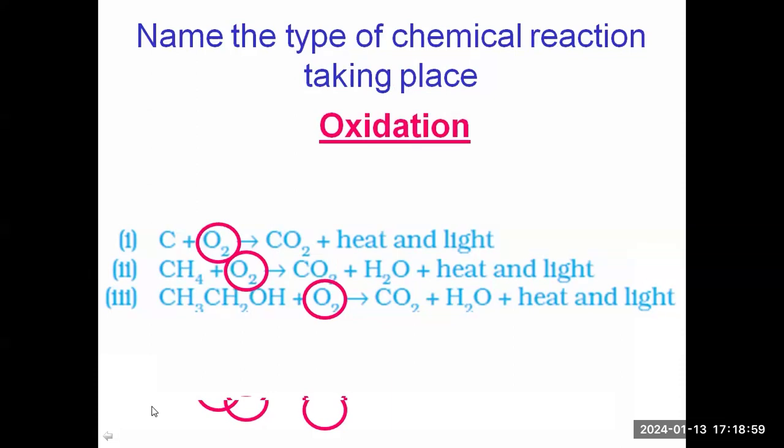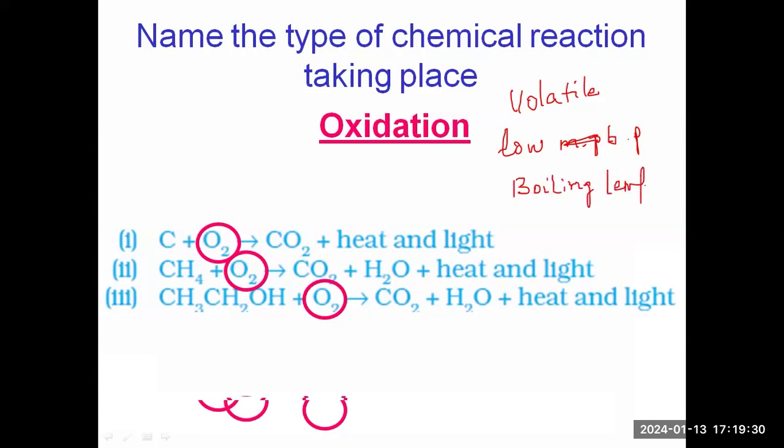Ma'am, what is the difference between volatile and non-volatile substances? Okay, good. A volatile substance is one which has an extremely low boiling point. Because the boiling point is very low, it starts boiling at room temperature. A few examples: the perfume or your deo. When you spray it on your palm, for a few seconds your palm becomes wet.